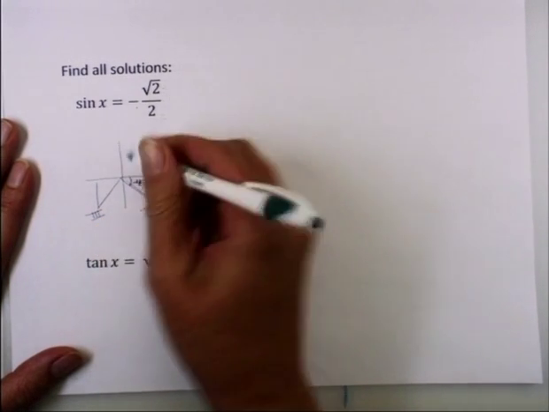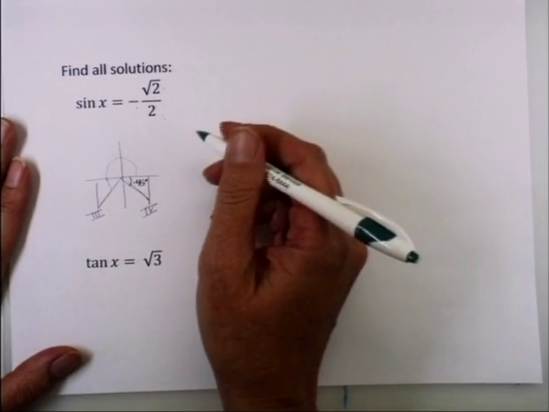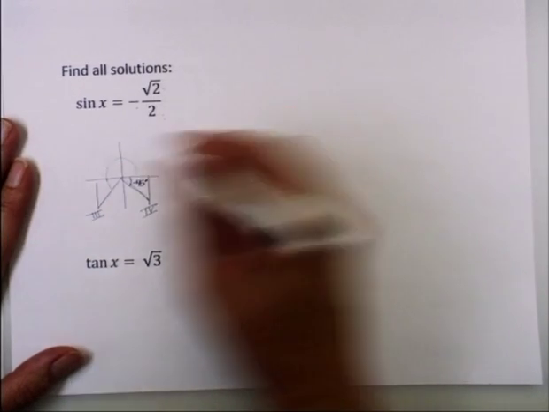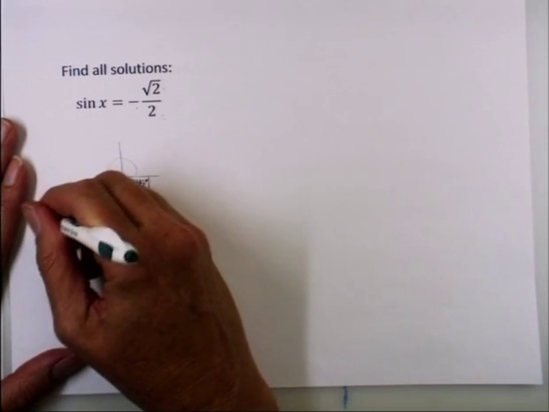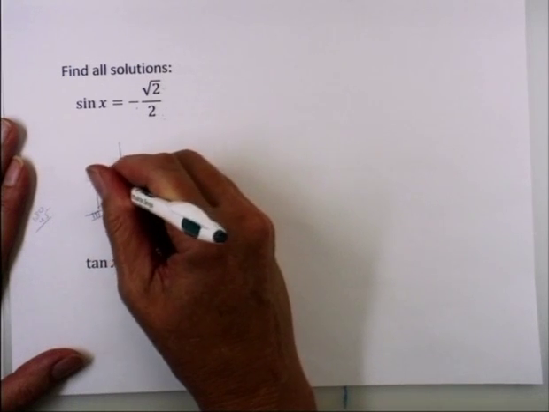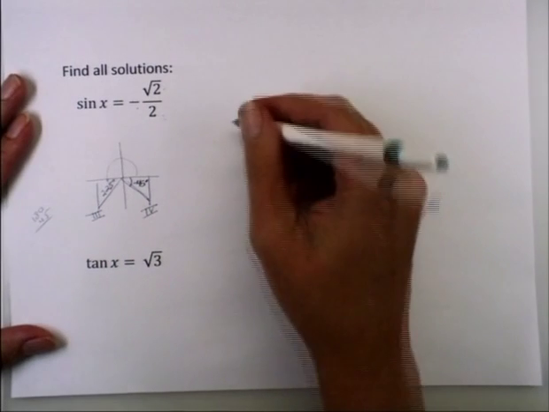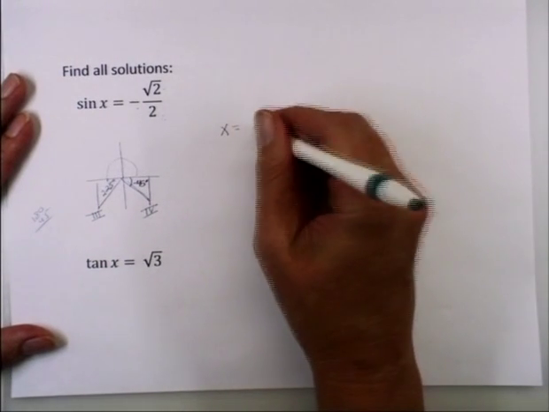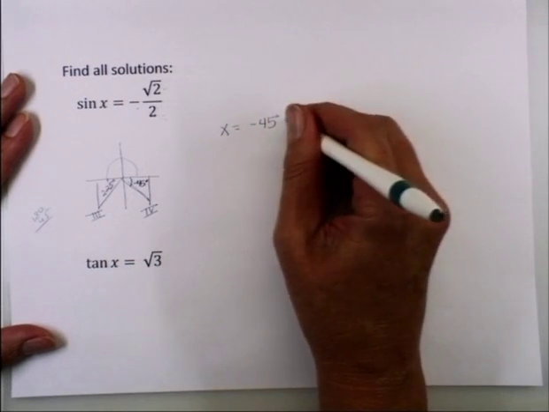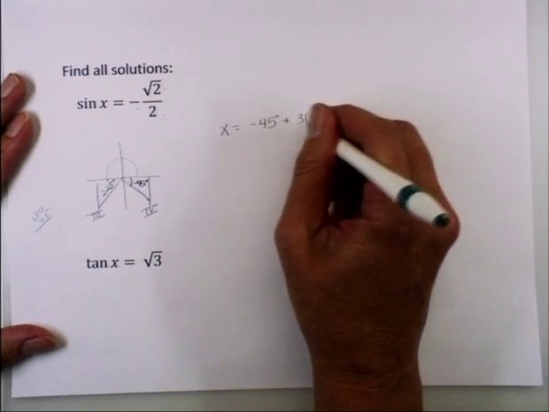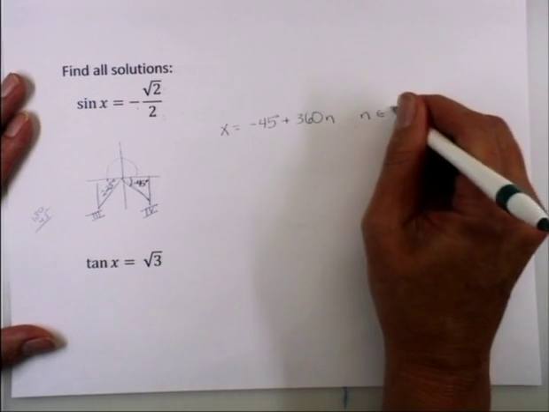Okay. This one over here would be 180 plus 45 degrees, which is, do I know what that is? 225 degrees. Okay. So when I write these, I'm going to say that x can equal negative 45 degrees plus 360 n, where n is an element of the integers.